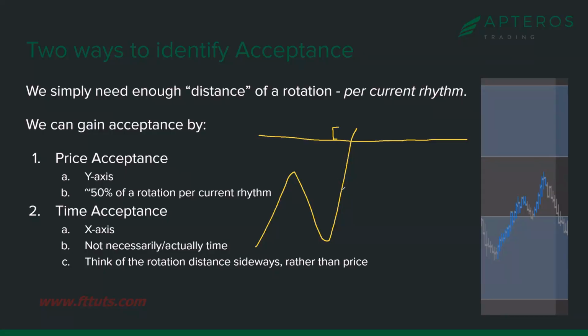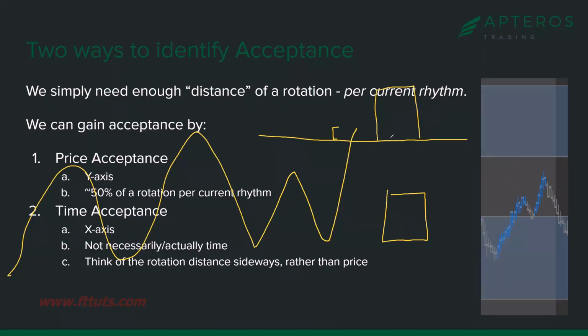Not even close. The answer is no, because if this is the normal rhythm, 50% of all that is roughly this big if you average out all those moves. And so, no, we have not gone that far above the level.